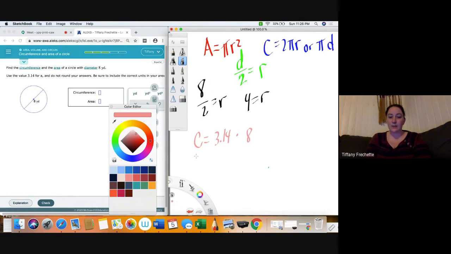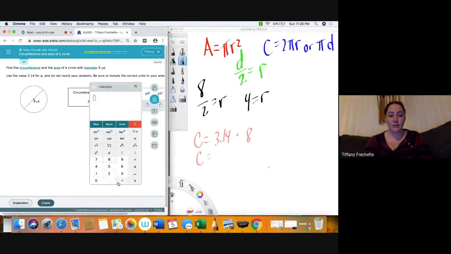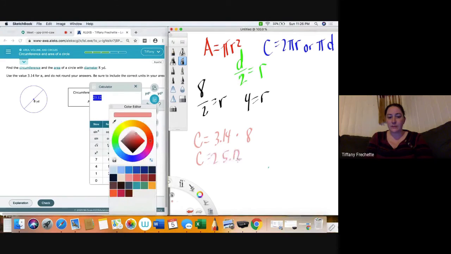So 3.14 times 8 equals 25.12 yards. It's just yards, not yards squared, because this is just the distance around.